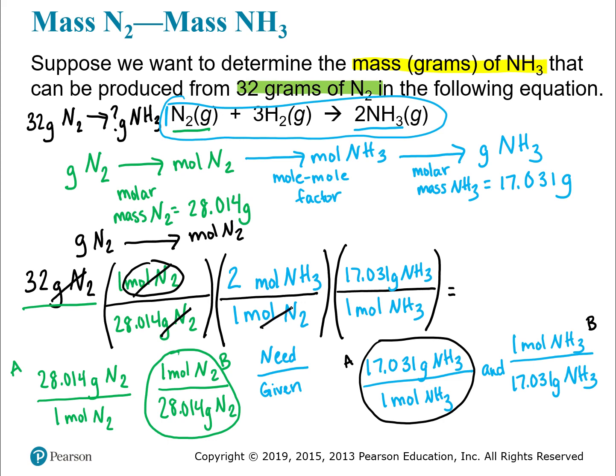We're canceling out the moles of nitrogen gas, and we're left with moles of ammonia. The last piece is using the molar mass as a conversion factor to take moles and turn it into grams of ammonia.